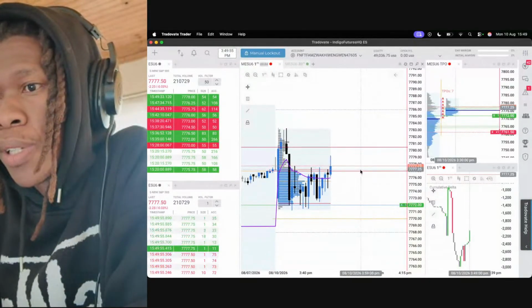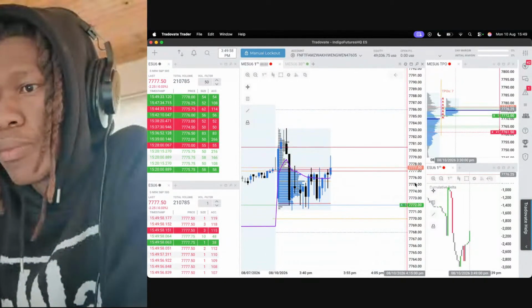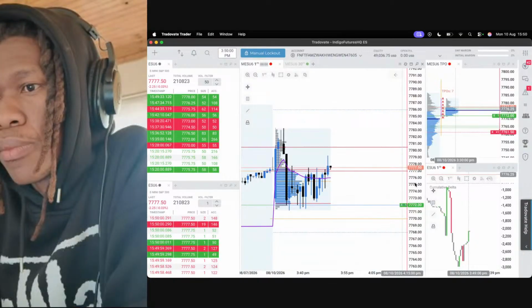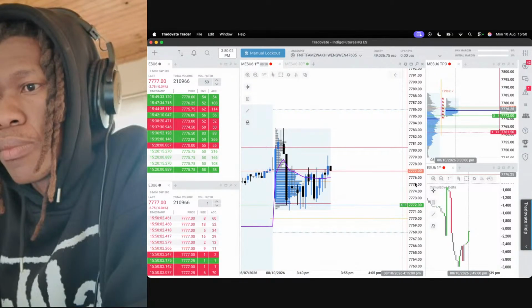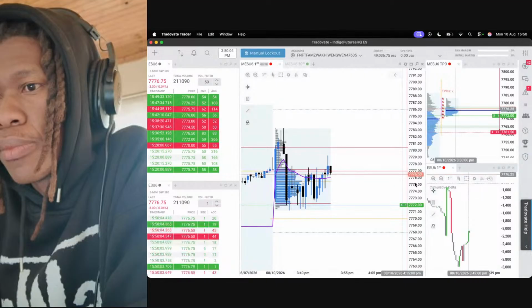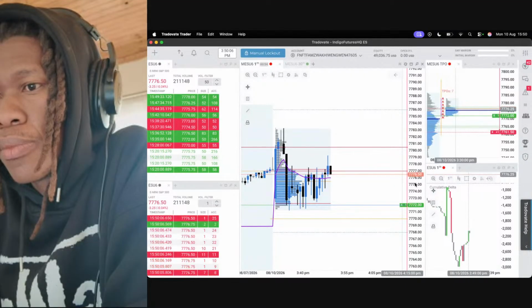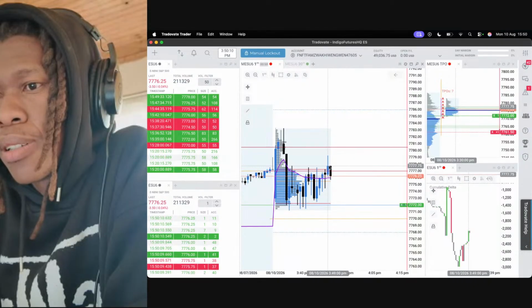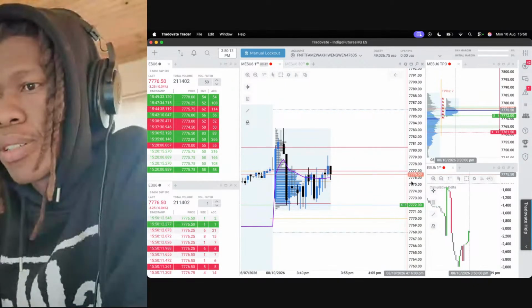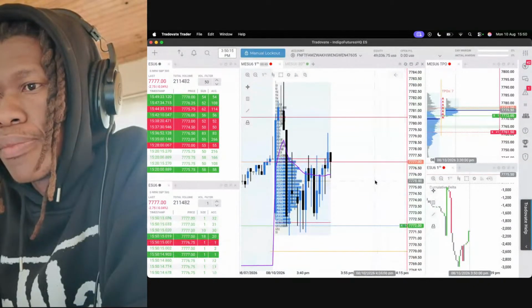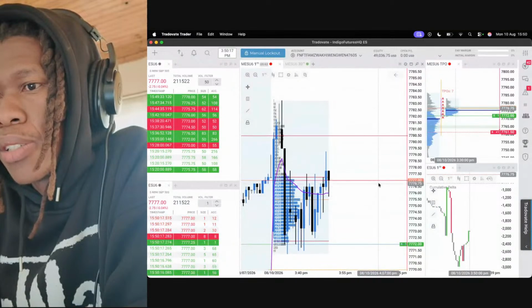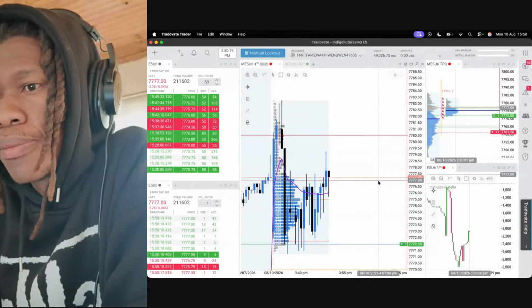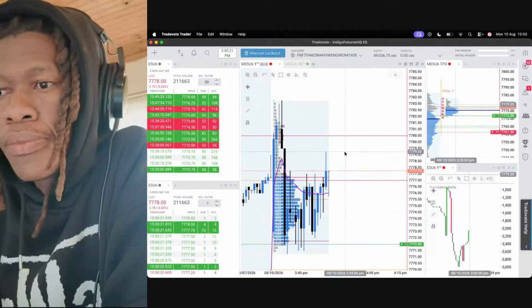Just depends on how we close here. Not really the best close, but it could have been the entry. This could be the retest, honestly. Let's just wait.